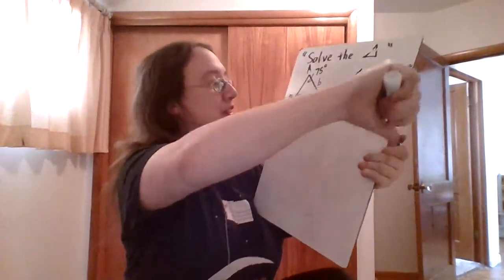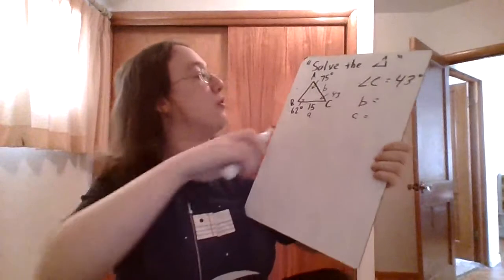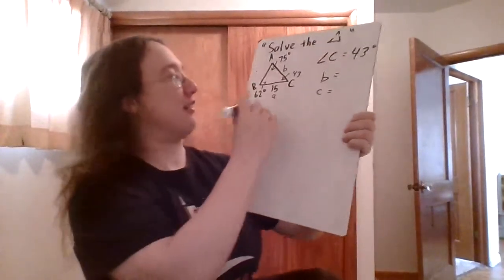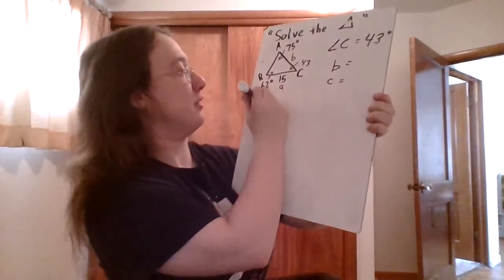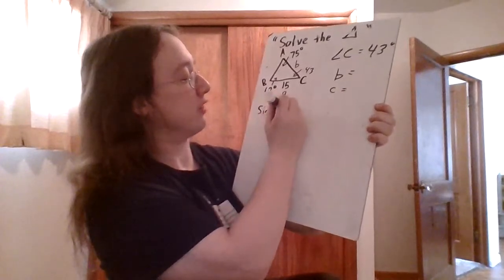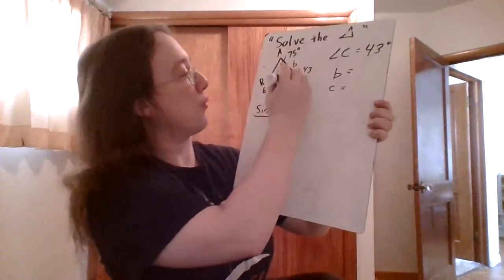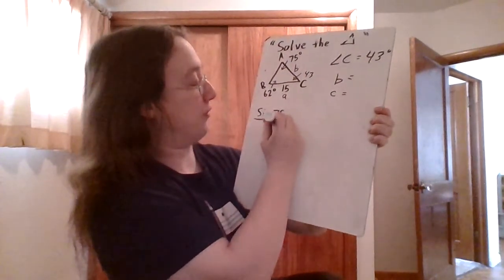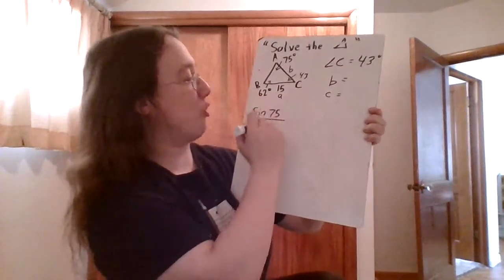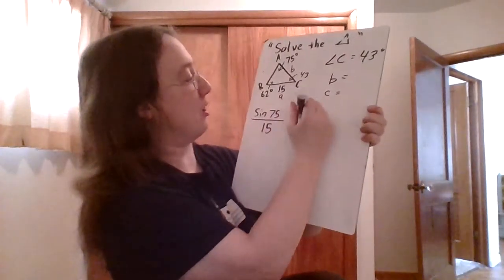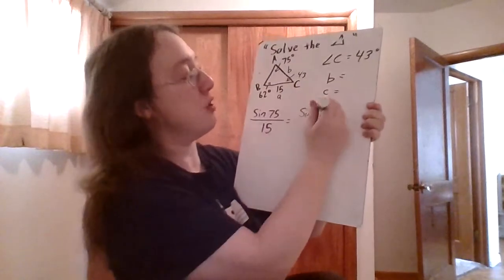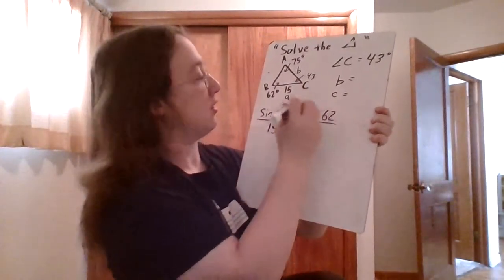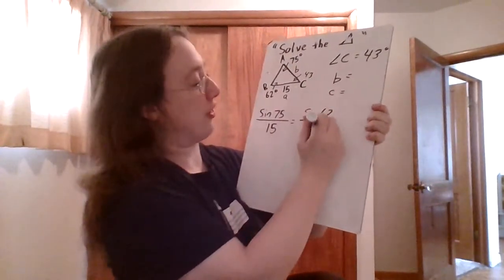And now we can use the law of sines to find your other two sides. So I'm going to say the sine of 75 over the side we've got there, which is 15. So sine of A over A equals the sine of B, which is 62, over little b, which is the thing we're looking for.